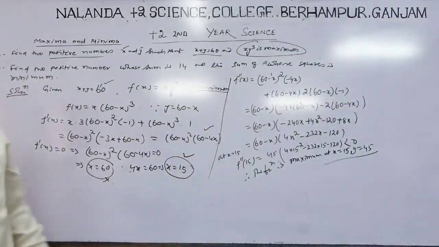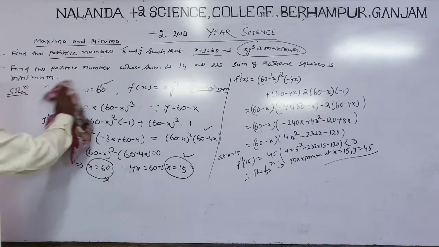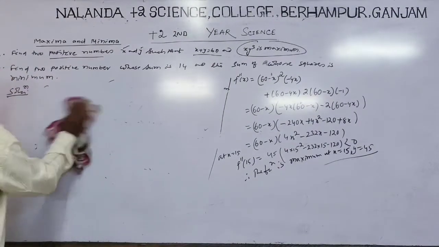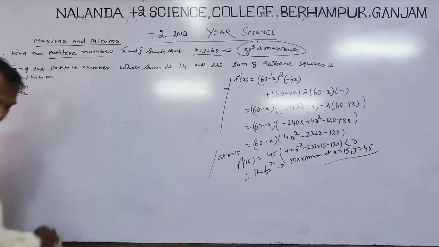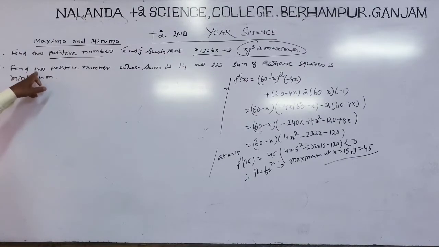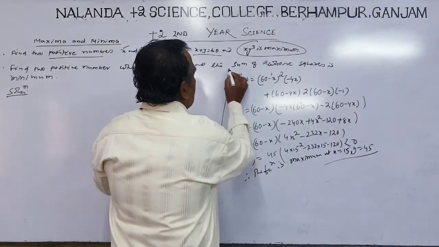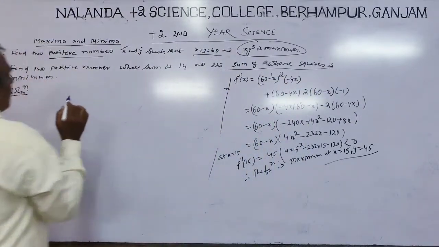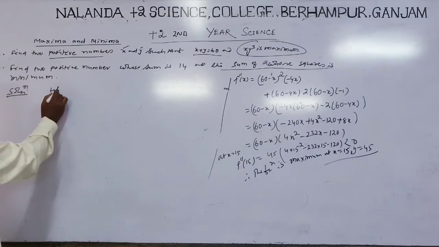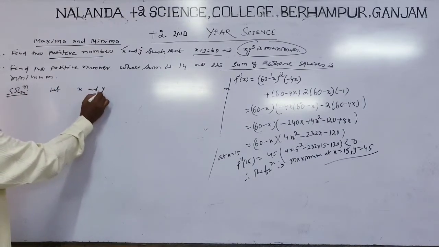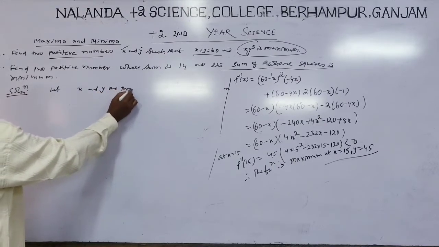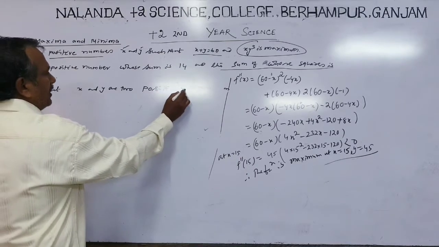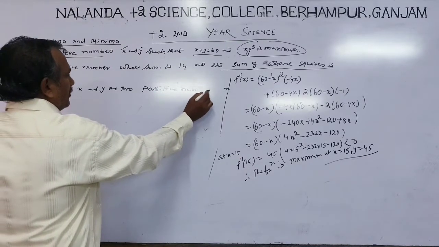Okay, now another example. Same logic, but here the sum of whose squares is minimum. Let x and y be two positive numbers.